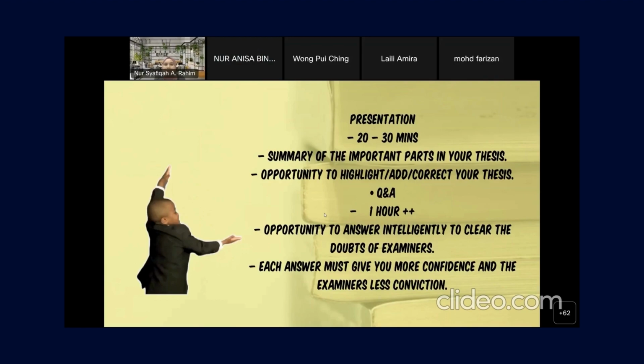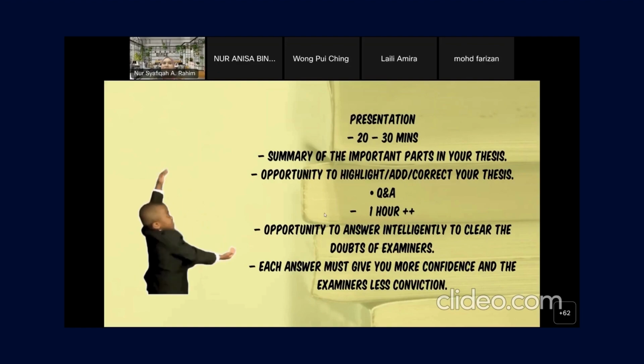Because when you give too many slides, you have a tendency to drag the time. And when you put so many things in, the examiners will ask you so many things, because you are putting yourself in a position where they tend to ask based on the slides you presented.